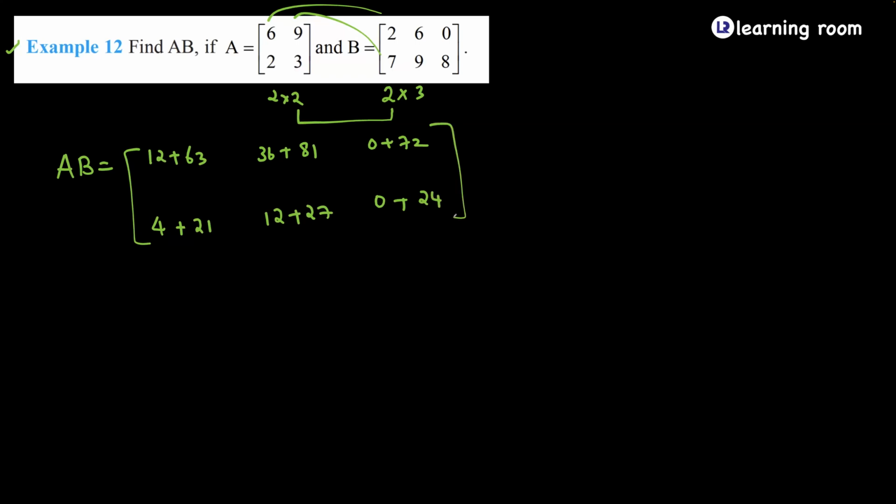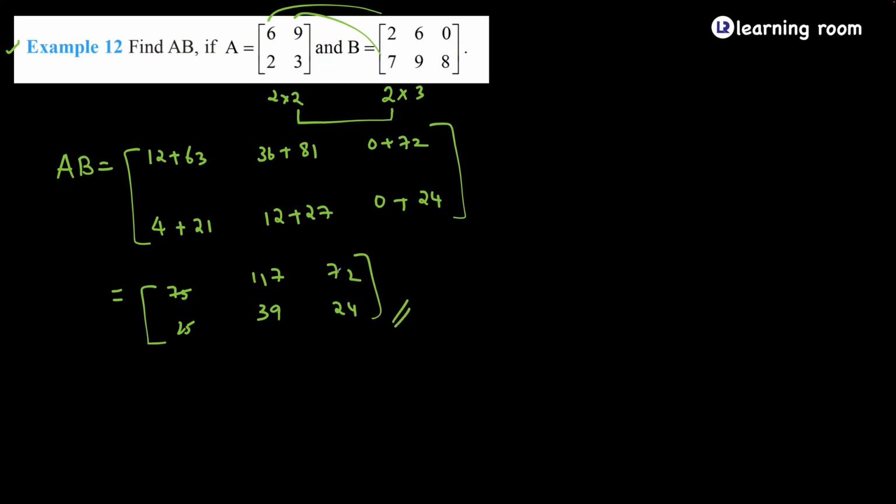So what is going to be the answer? The answer will be 75, 117, 72, 25, 39, and here it is going to be 24. So this is going to be the value of AB.